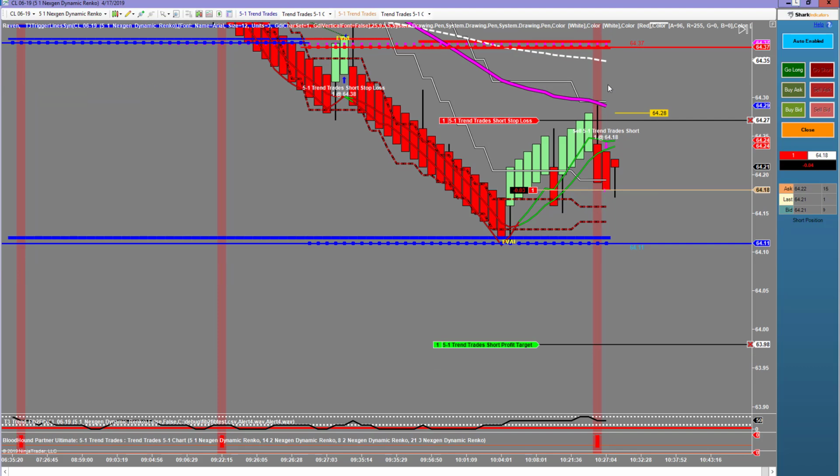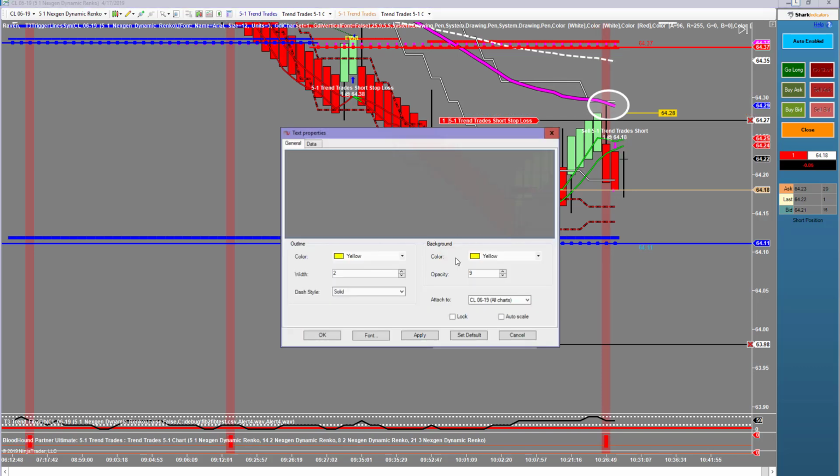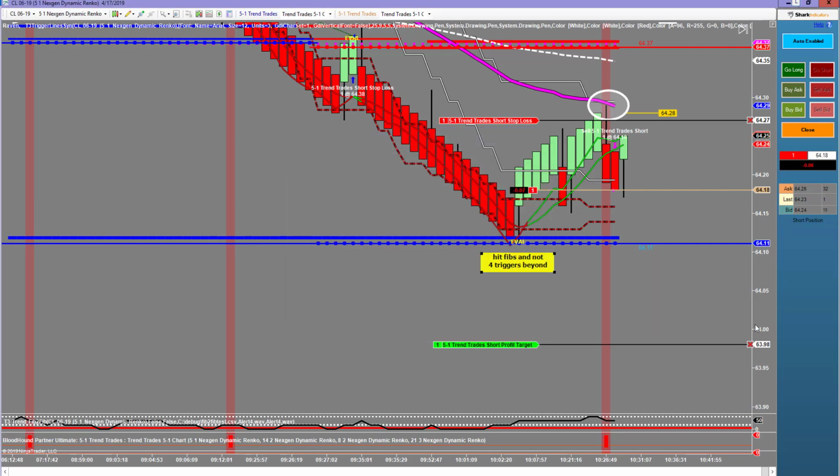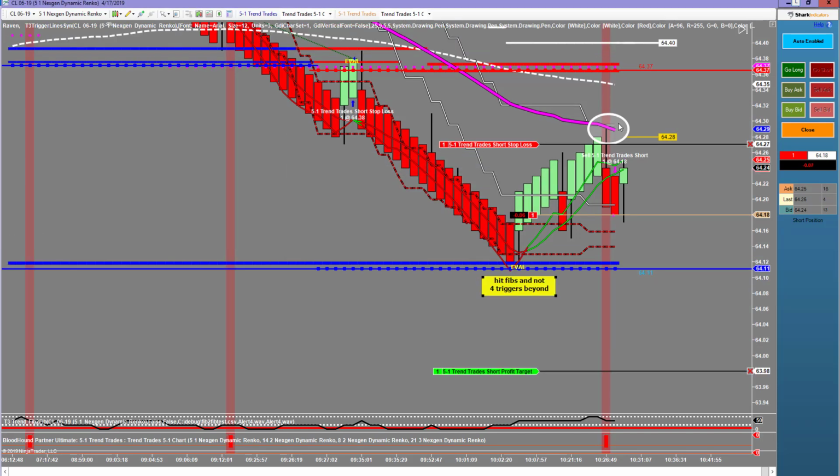This is the rules for a trend trade short from your midband. But we hit these fibs, which we were getting to. So if you hit fibs and you don't have 4 triggers beyond the fibs, you will lose your short trades.